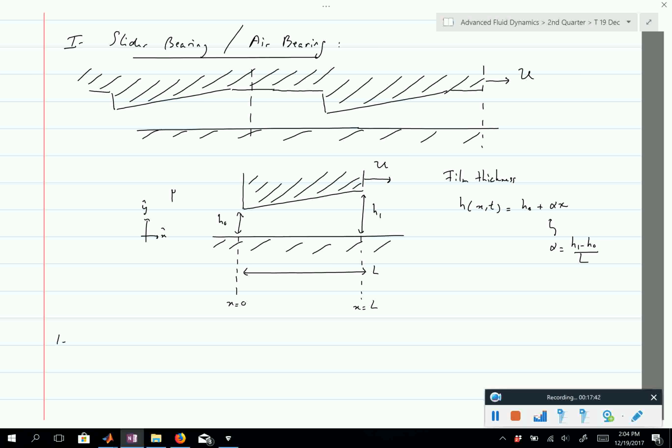So, number one, we'll choose a frame of reference moving with the top surface.